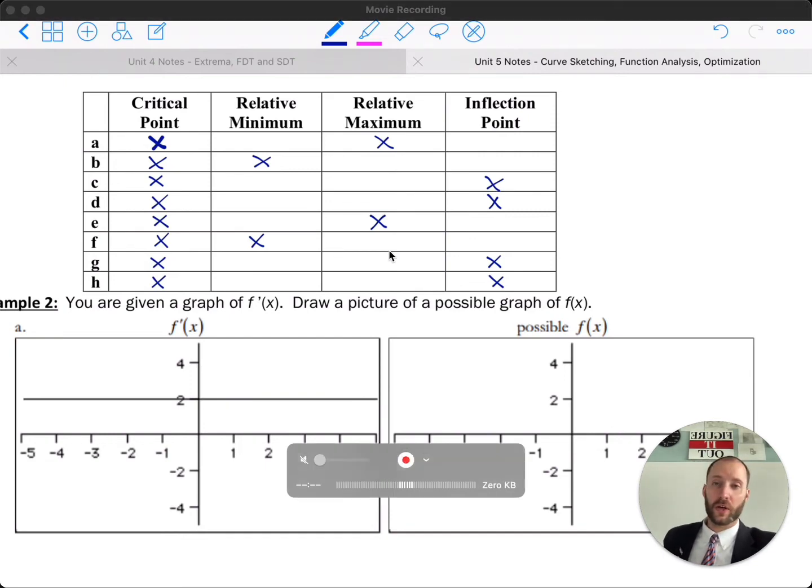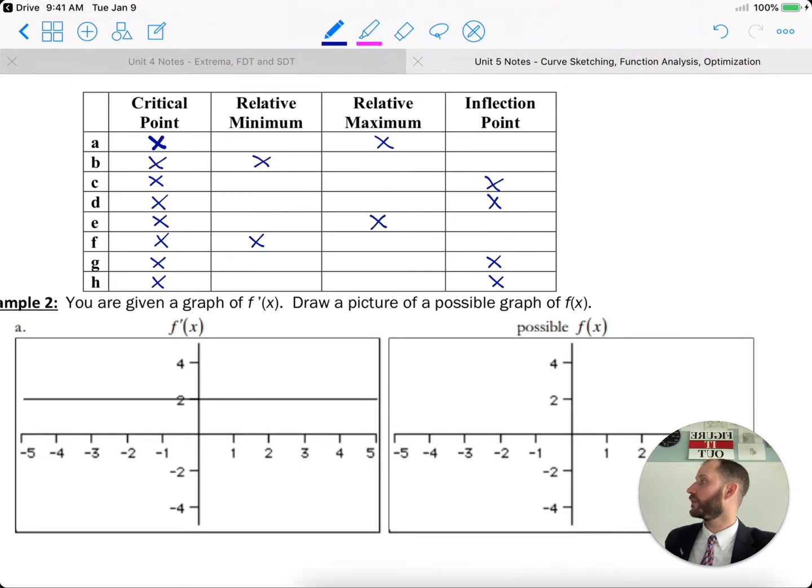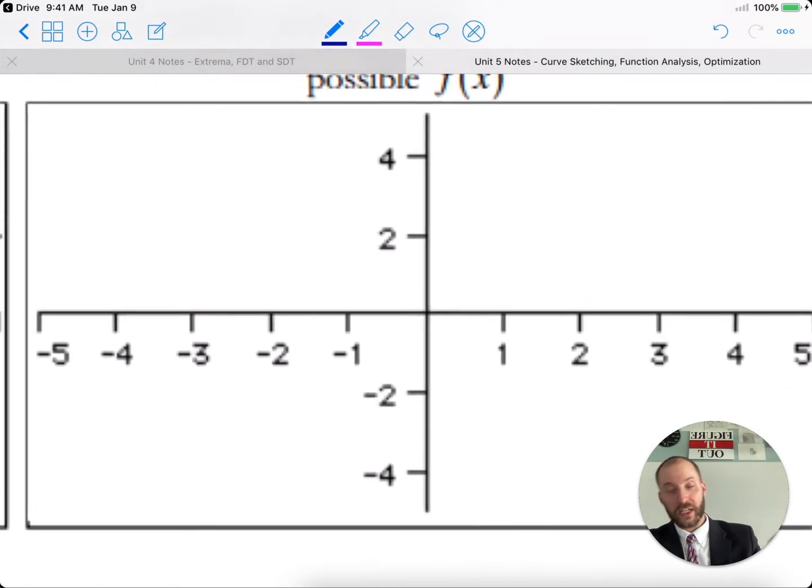Now what we don't know is where the line is placed. All we know is the slope. We don't have an initial condition or a point on the graph. So a slope of 2. That's all we know. So up 2 over 1, up 2 over 1, up 2 over 1.